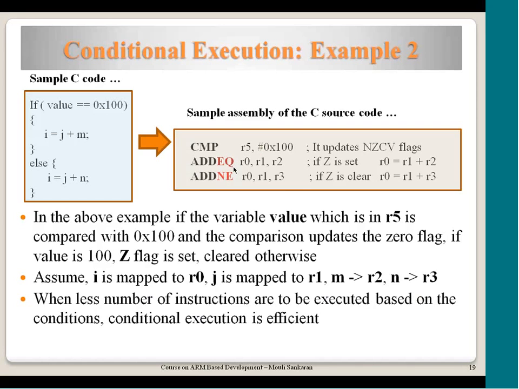Now what happens? It will override the value which was there because of the previous instruction. It may change the zero flag. Because of that, this other instruction may also be executed if this had an S here, which would be different from what was intended by the programmer.